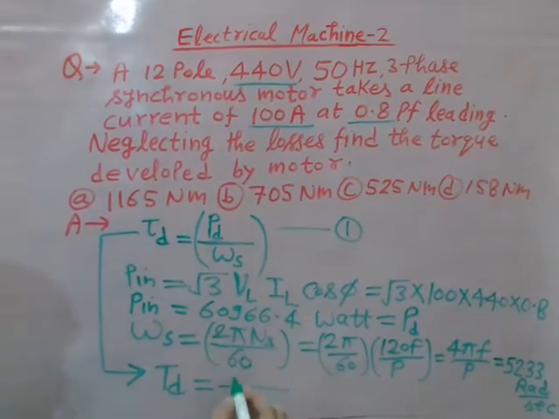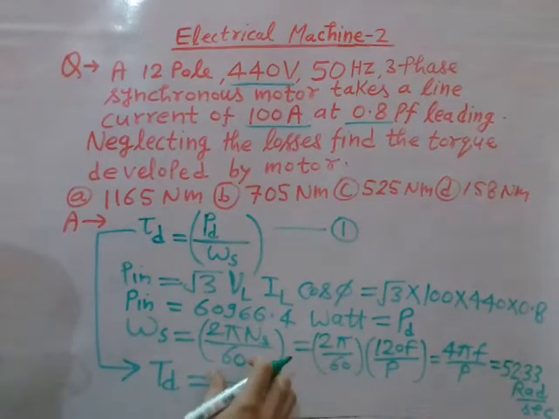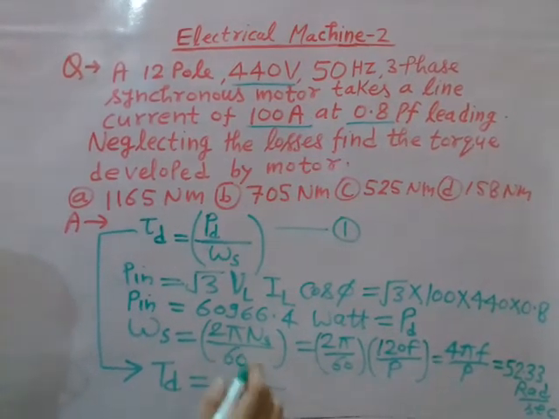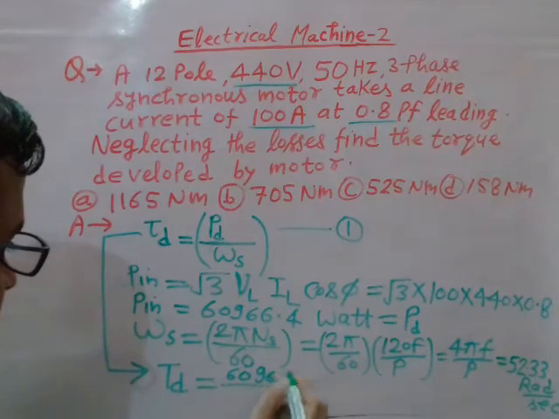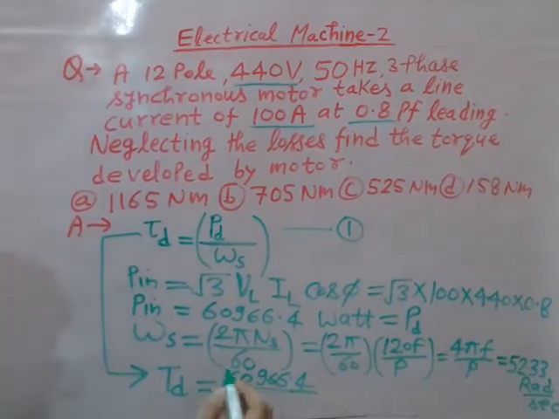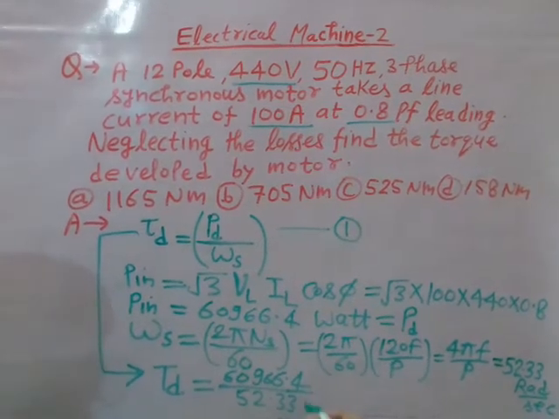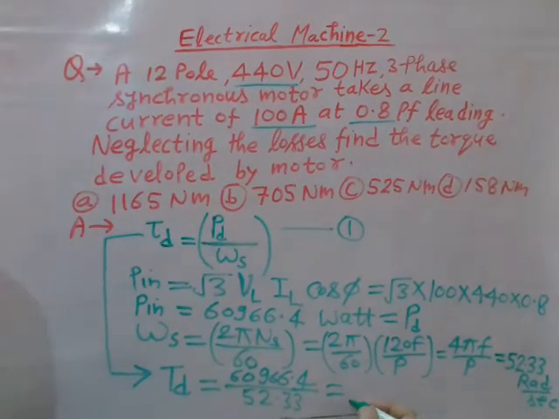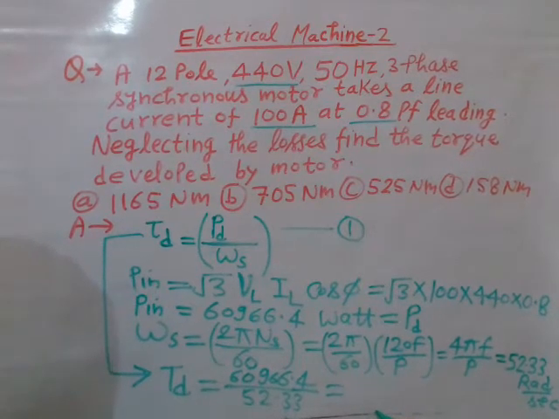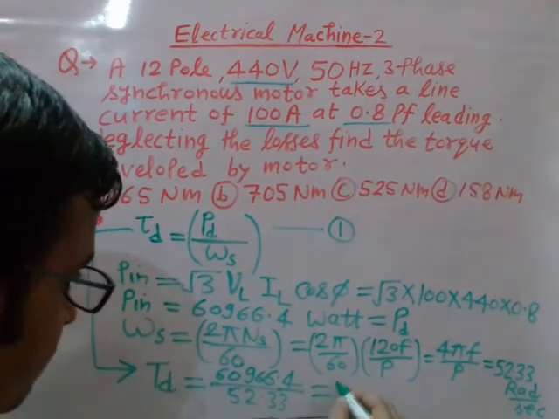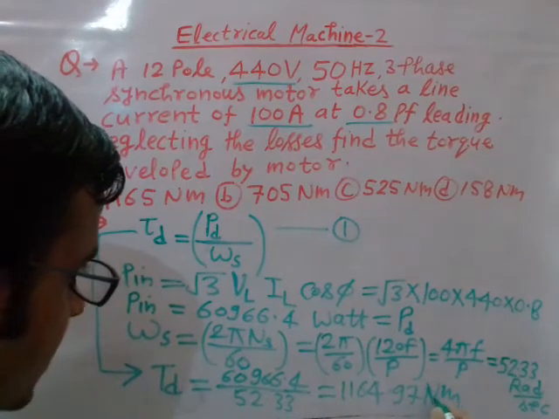So the torque developed equals 60966.4 watts divided by 52.33 radian per second, which comes out to be 1164.97 Newton meter, right?